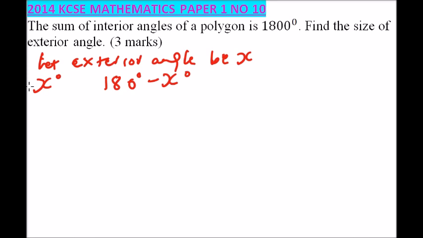Again, since the angle at the center of the polygon is the same as the exterior angle, to know the number of sides of the polygon, we can divide 360 by x. That will give us the number of sides.